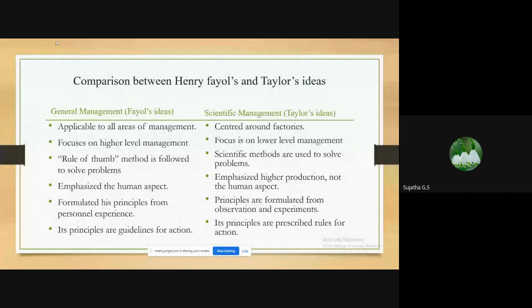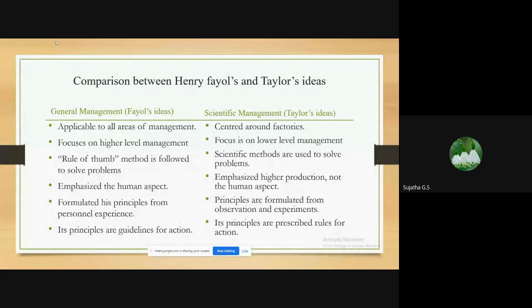A rule of thumb method is followed to solve the problems in general management principles. Scientific methods are used to solve problems. Fayol has emphasized the human aspect. Taylor has emphasized higher production, not the human aspect.